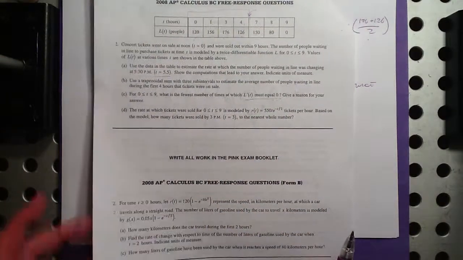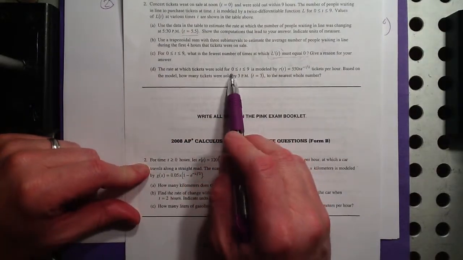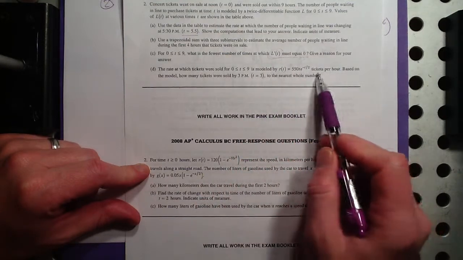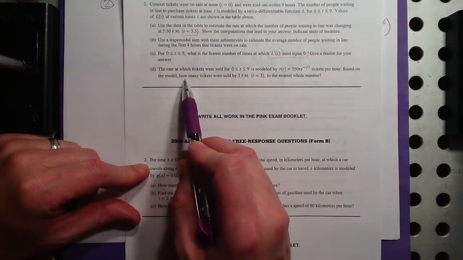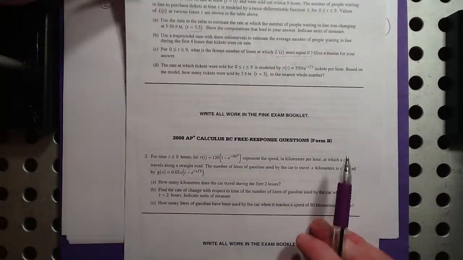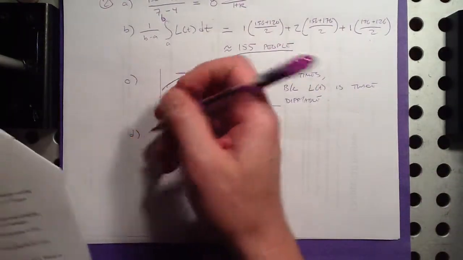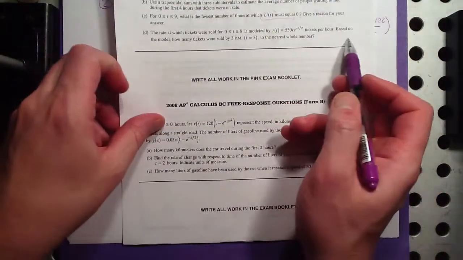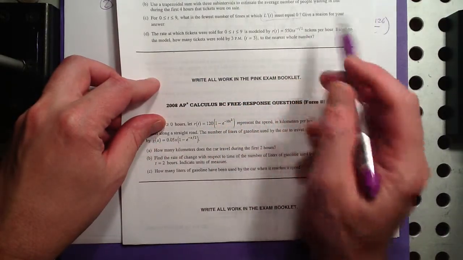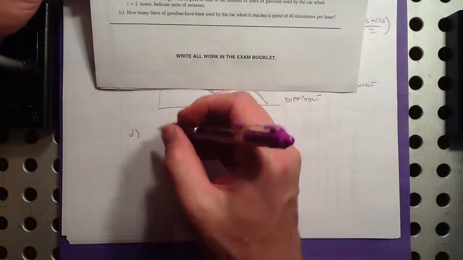And last part, the rate at which tickets were sold from time 0 to 9, modeled by this function, is in tickets per hour. Based on that model, how many tickets were sold by 3 p.m., to the nearest whole number? Well, let's see. We want the total number of tickets, and we've got a rate. So that sounds like an integral.